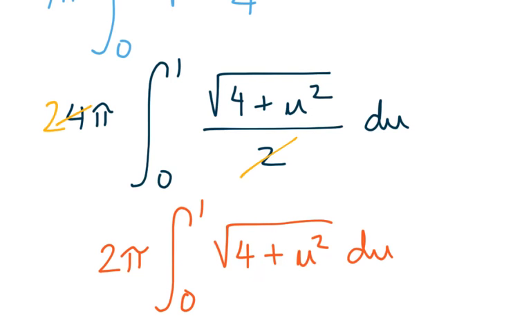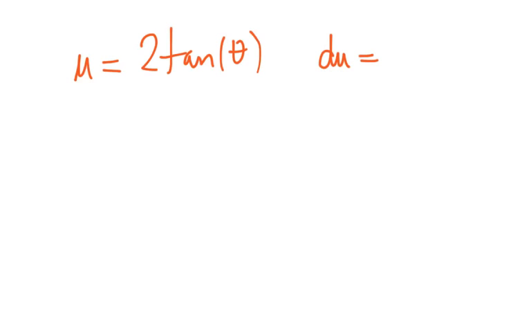So let u equal 2 tangent theta. In this case, du is going to be 2 secant squared theta d theta.